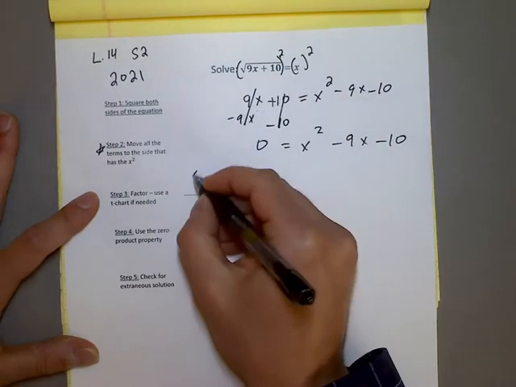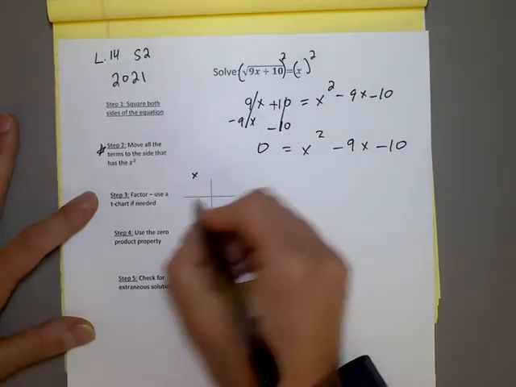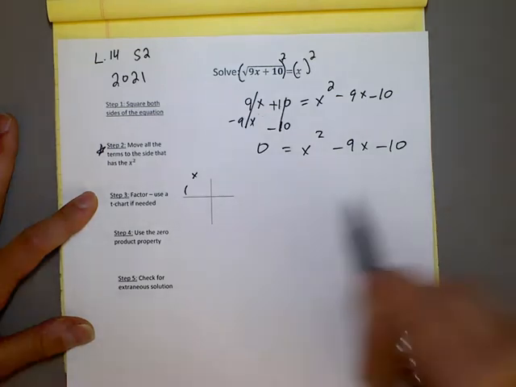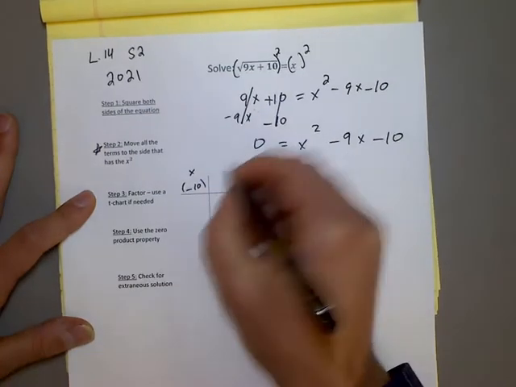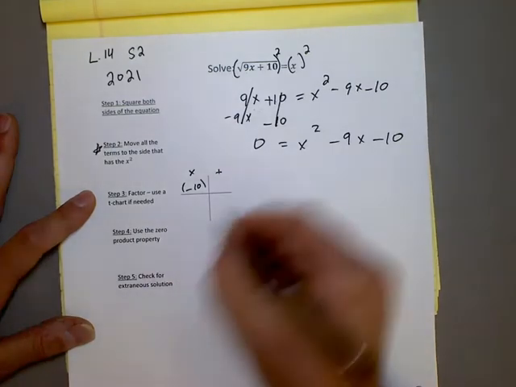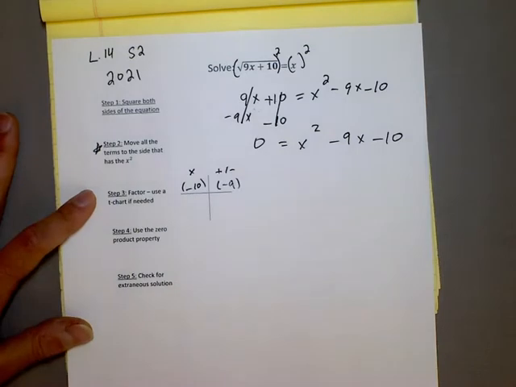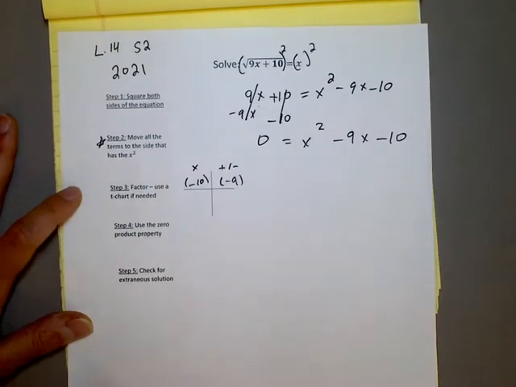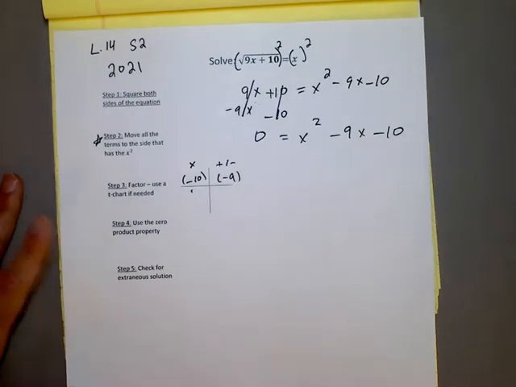We're going to look for two numbers that multiply to give my last term, the constant, which in this case is negative 10, and at the same time those same numbers would have to add in order to give me negative 9. So the question is, what multiplies to negative 10 and at the same time adds to negative 9?